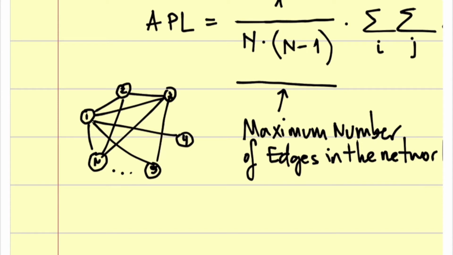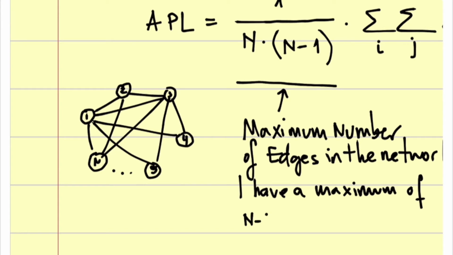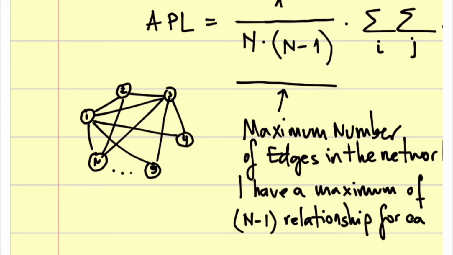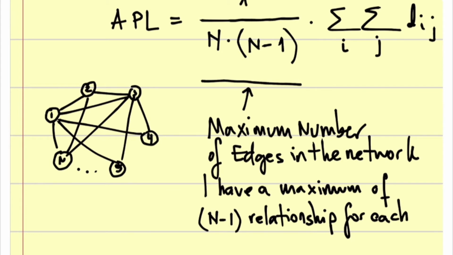I have a maximum of n minus 1 relationships for each one of the n nodes.